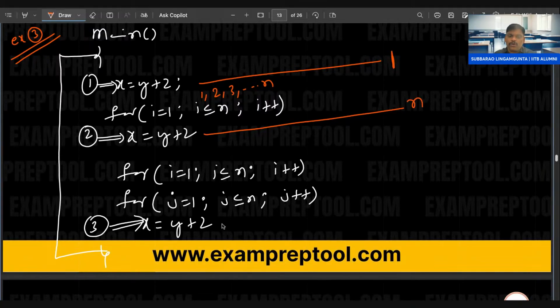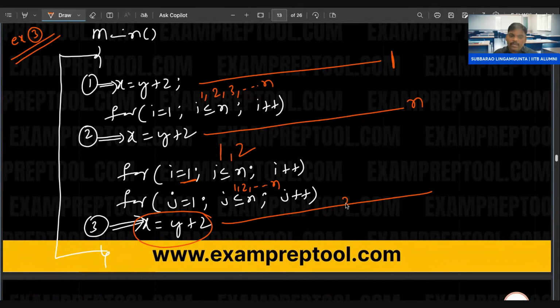If you see the third statement, for each i value, j will execute n times. For i value 1, this will execute n times. I value 2, this will execute n times, because for each i value j also runs. I value 1, j will execute 1, 2, 3 and so on to n. I value 2, j will execute 1, 2, 3 and so on to n.